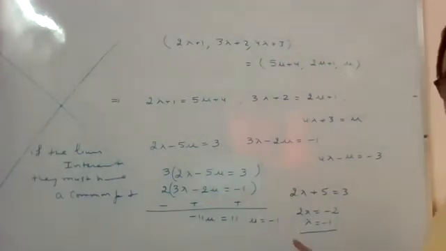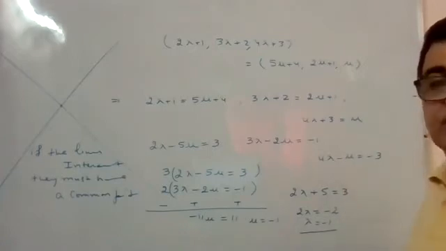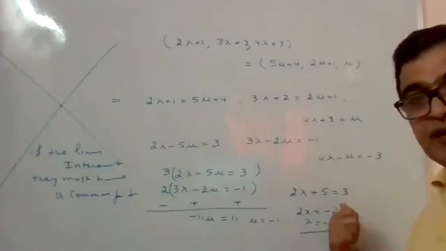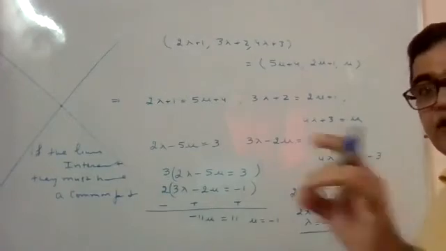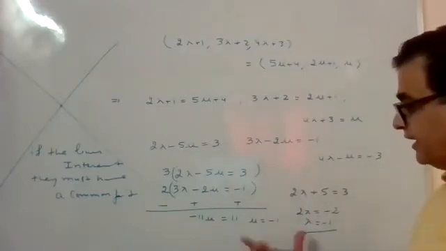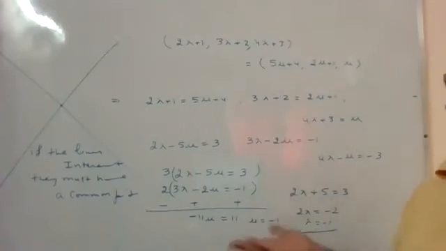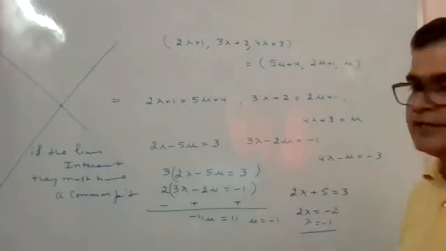And whatever lambda and mu you get here must satisfy the third equation, because you have not used the third one anywhere yet. If it satisfies the third, we will say yes, the lines intersect. You were asked to show that they are intersecting. If they are intersecting, then whatever this lambda and mu are will satisfy the third, otherwise not. If it is not satisfying, we'll say they are not intersecting, because the point will not exist.